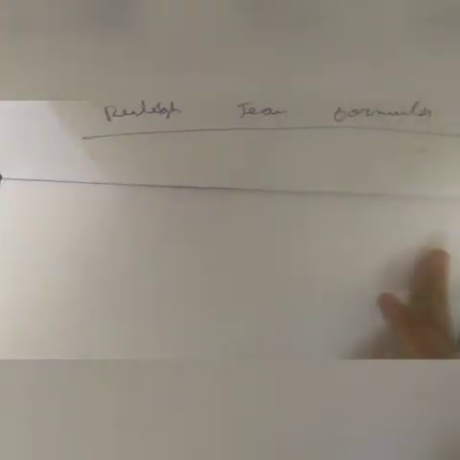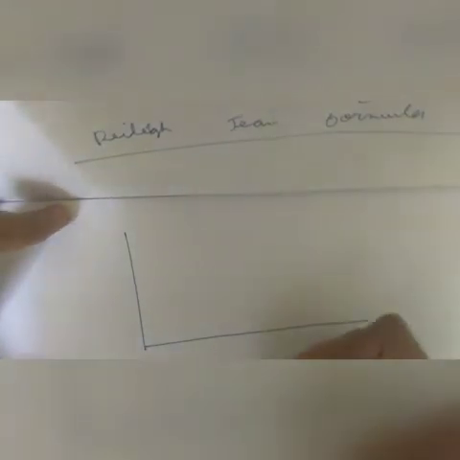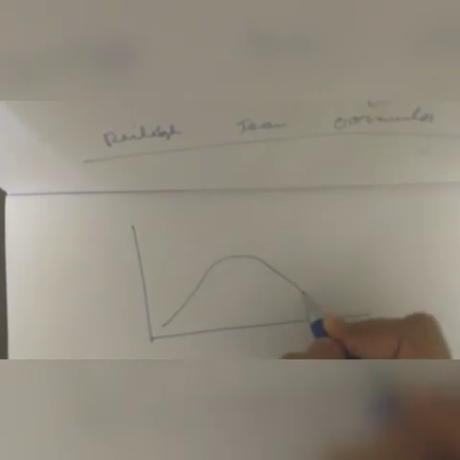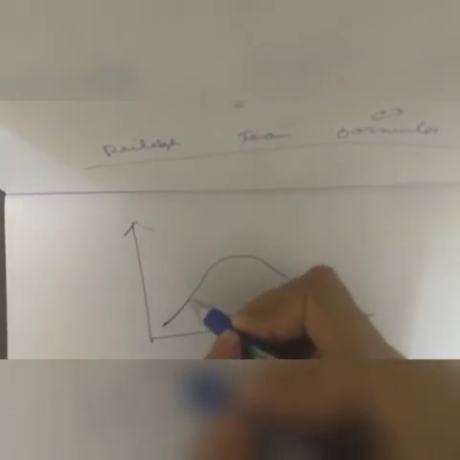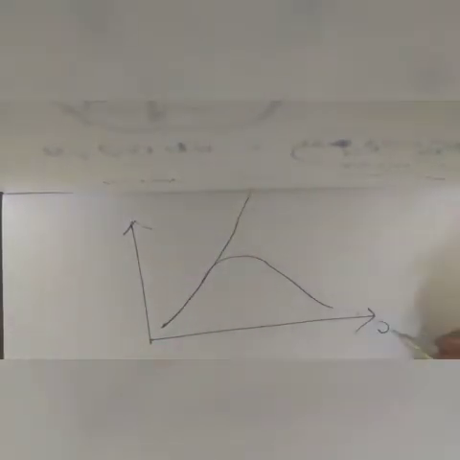We would like to see how it matches with the actual practical result. If we assume that this is the practical curve, the function we have described matches very well at lower frequency, but it goes higher and higher for higher frequency.